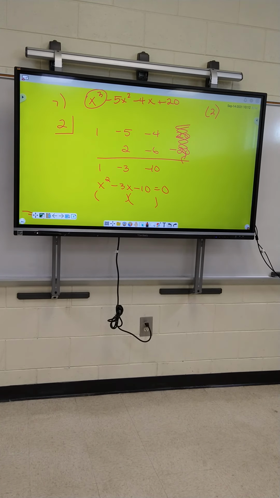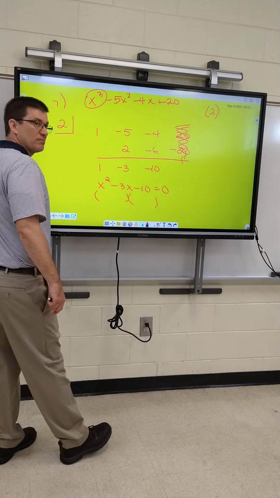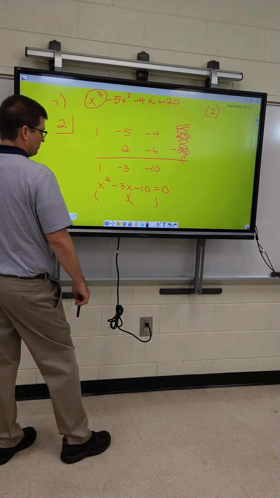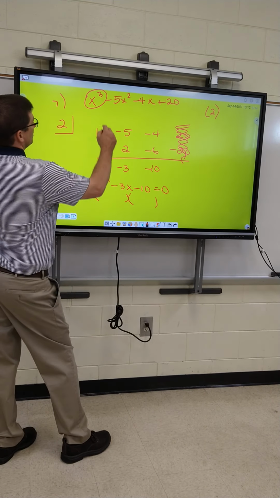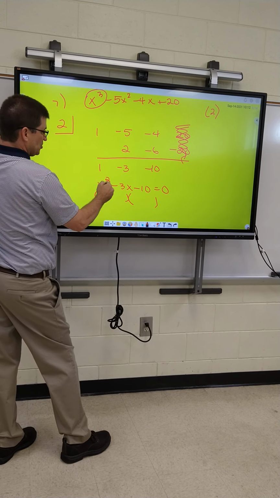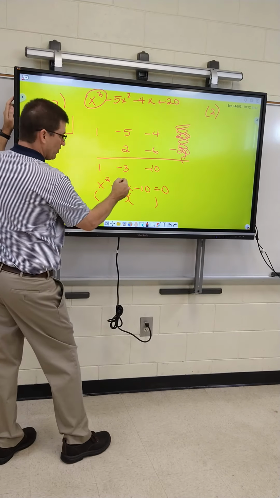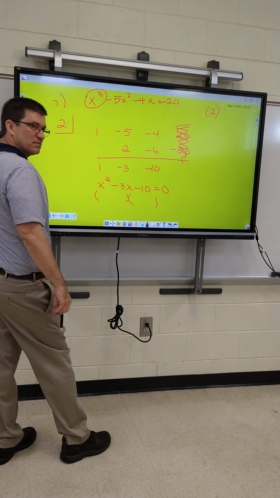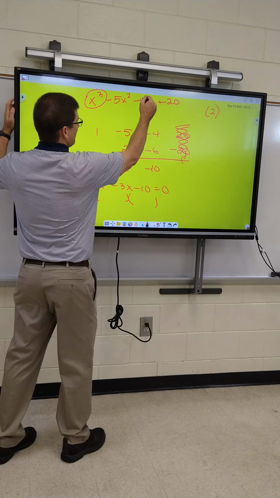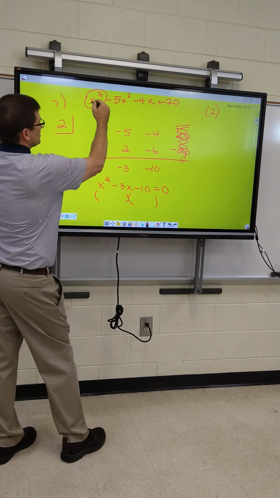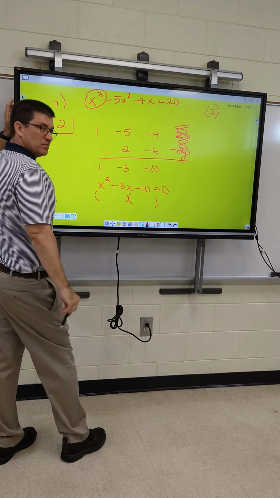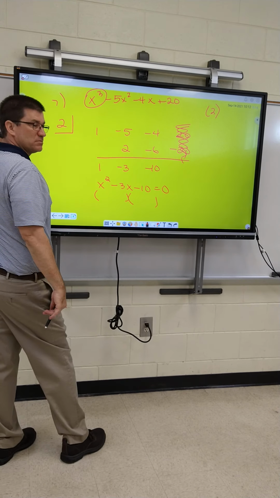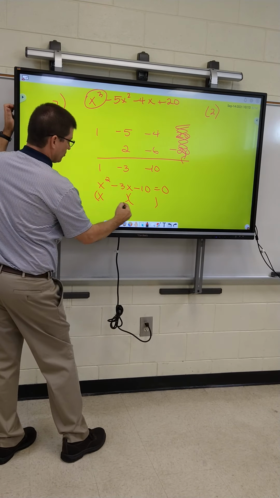I'm not messing with the 5 or the 4, I'm looking at the exponent. It was x to the third, so this one's gonna be x squared. It goes down by 1.